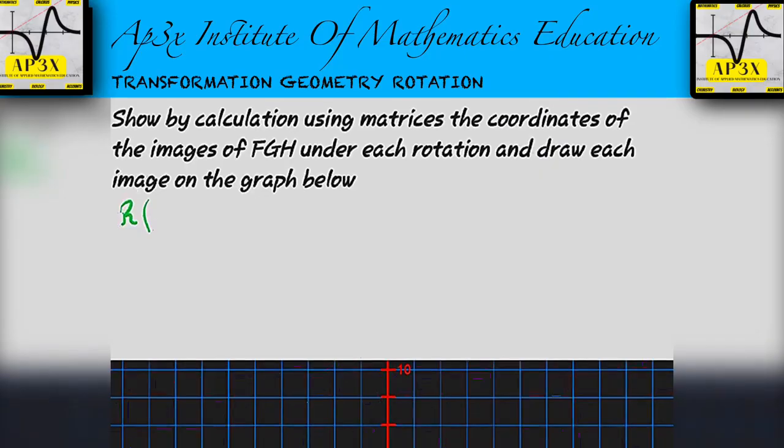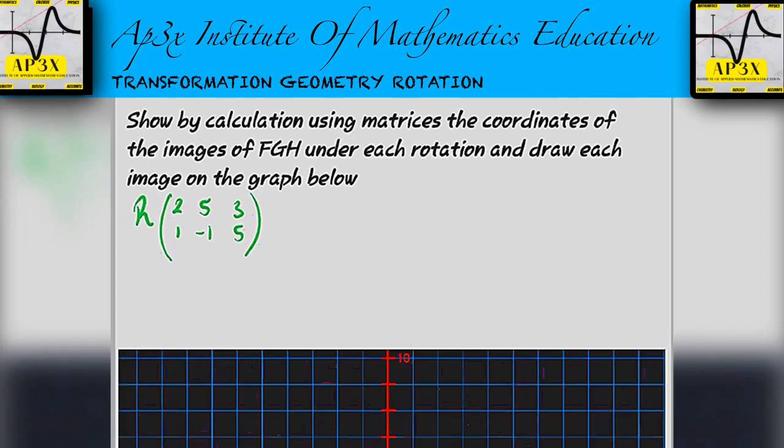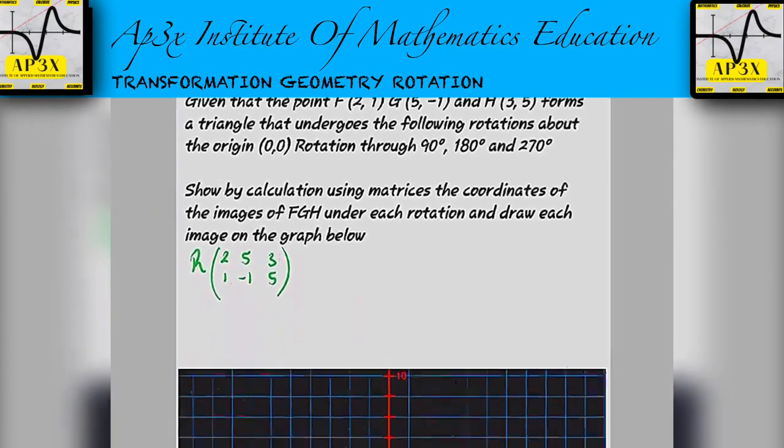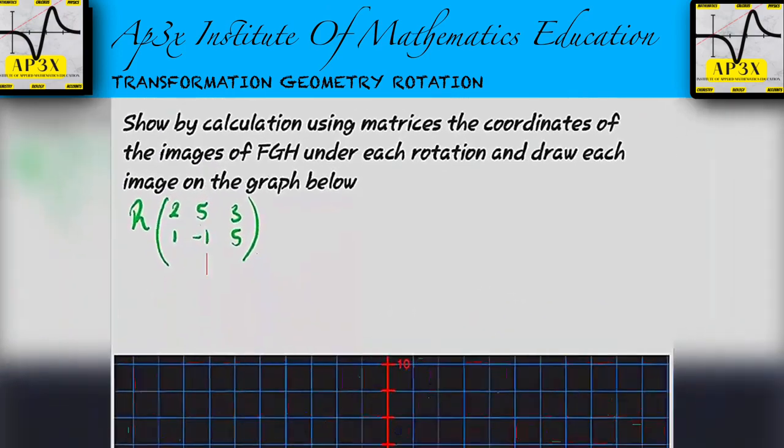So I'm going to rotate all the points at once. So the rotation matrix of, say here, (2, 1), (5, -1), and (3, 5). Just make sure that we have the points correct. So (2, 1), (5, -1), (3, 5), right?